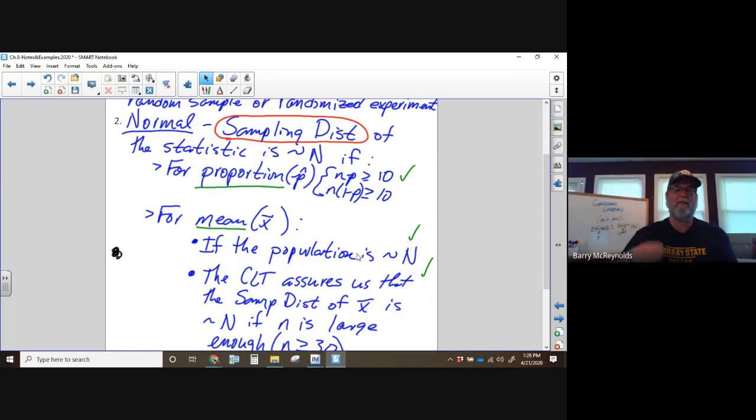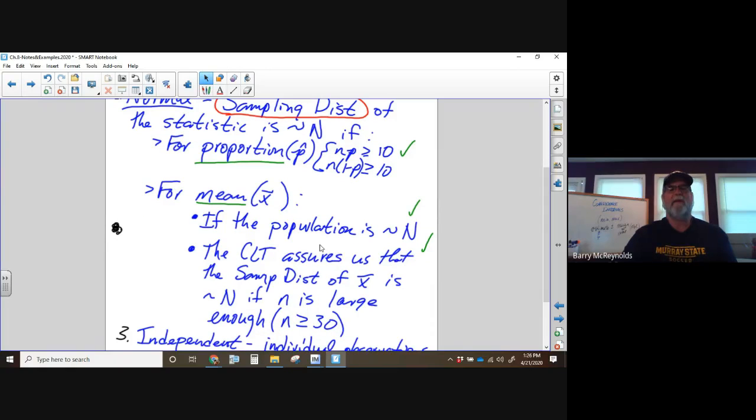if the population is normal to begin with. That's the easiest of all circumstances: if you know the population is normally distributed, then you know your sampling distribution is normal. But if your population is not normal, then the central limit theorem kind of gives us a trump card to play here, as long as our sample size is large enough, greater than or equal to about 30.